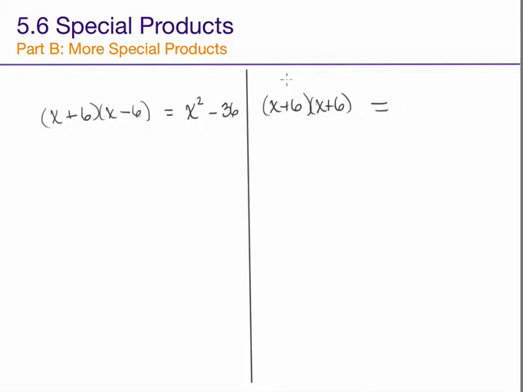This comes from x plus 6 times itself, or x plus 6 squared. So I need to use the shortcut a squared plus 2 times a times b plus b squared.